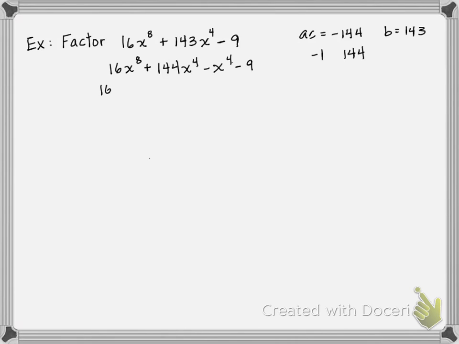And then we factor out a 16x to the 4th, and we get x to the 4th plus 9, and then take out a -1, x to the 4th plus 9. And if you switched your 144 and your -1, you're going to end up with the same answer that I did. It's just going to be in a different order.